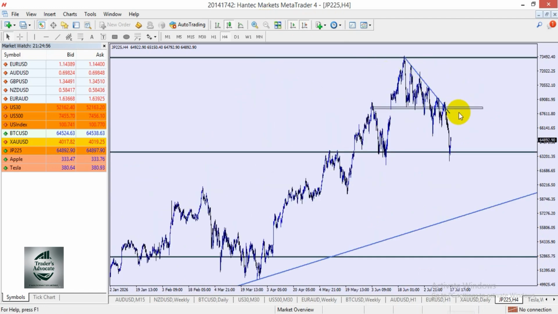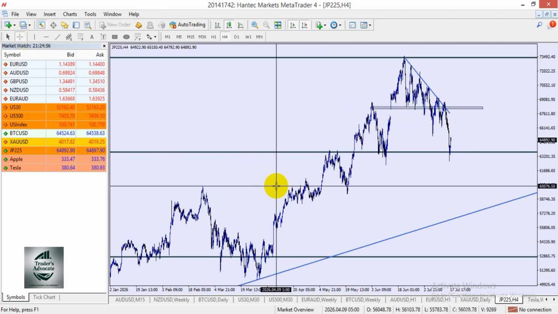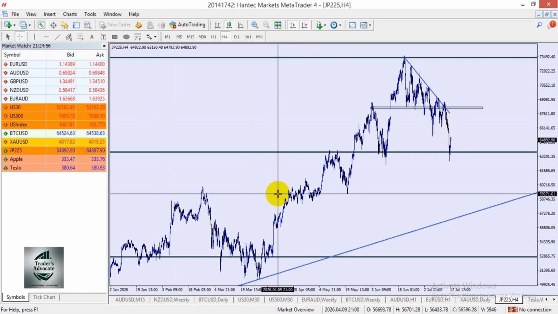Like I thought, this move to the downside is not meant entirely to reverse the trend from being bullish to being bearish. This is a result of profits taken by investors, dividends being paid, and this bearish crash to the downside. It's also possible the market can pull back a little bit to touch this area.